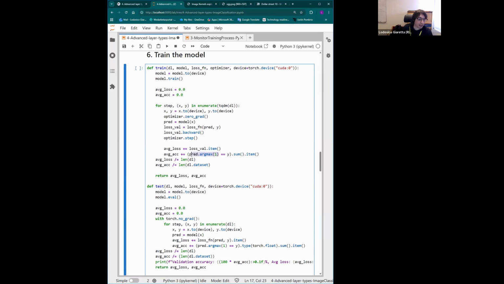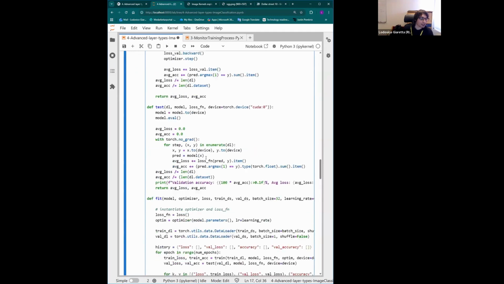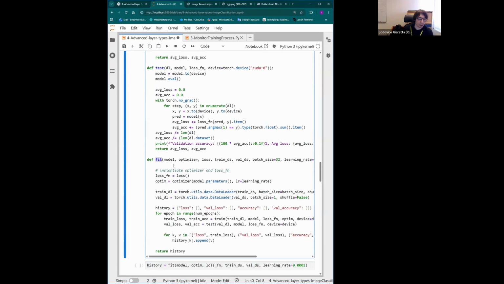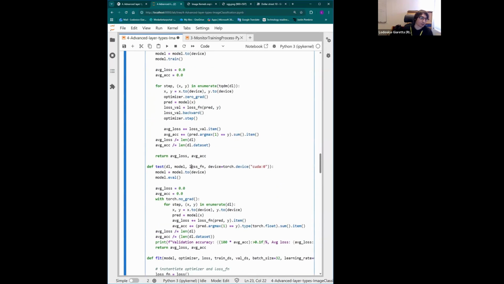What argmax does here is that it takes the 10 values, the 10 output neurons for the image, which is the probability of each class, and takes the highest number. So which class our neuron thinks is the correct one. So we just check the accuracy in this way. And we make these into reusable functions because we're going to train more than one model today.